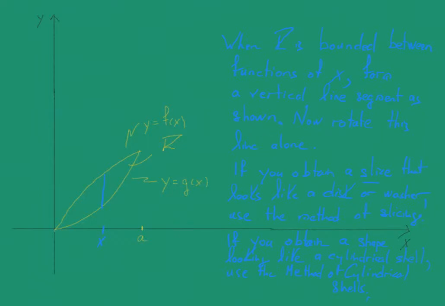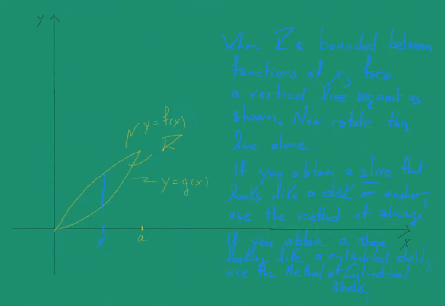For each x in the appropriate region, you form the vertical line segment in R at x. Now rotate this line alone about whatever line it was that you were supposed to rotate your entire region about.